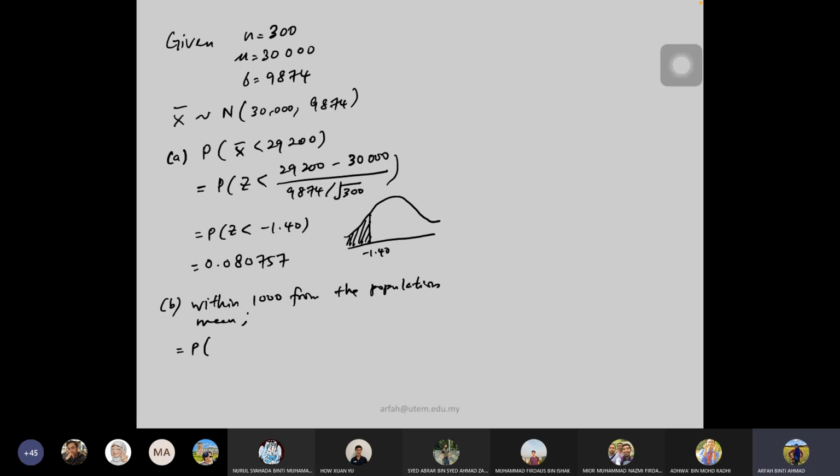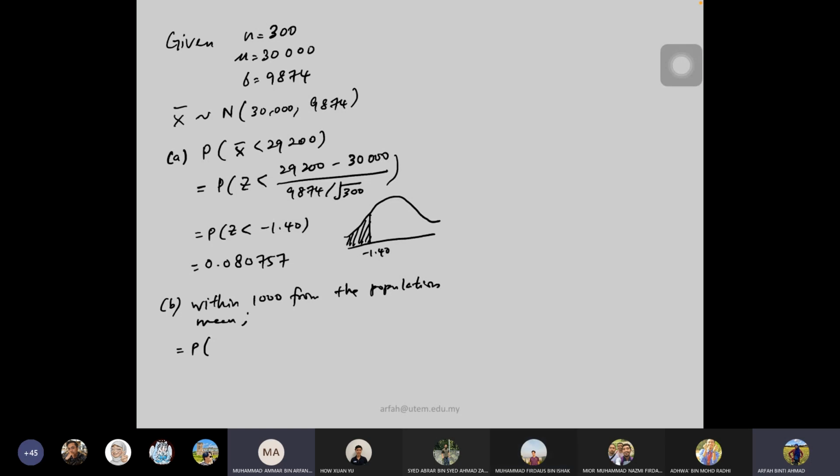Within 1,000, meaning it is the probability of X bar taking a value between what values? 29,000. Another? 31,000.